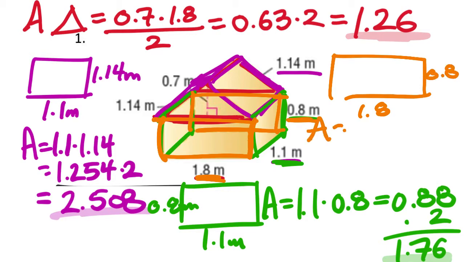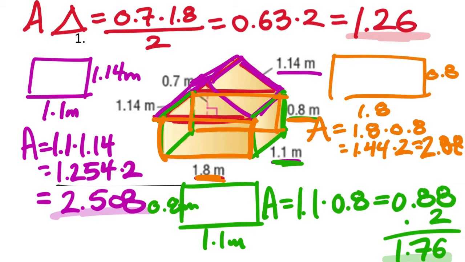So if I want the area of that rectangle, I take 1.8 times 0.8, and in the calculator that is 1.44. And again, that'd be square meters, but I got 2 of these rectangles, so I'm going to multiply that by 2 to get 2.88. So that's the total surface area of both of those rectangles in orange right there, 2.88.